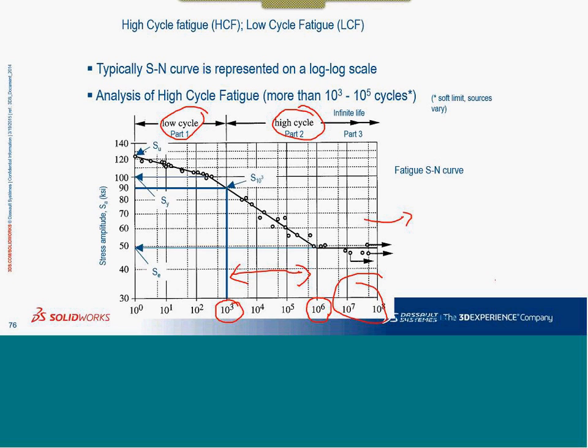So this is more low cycle fatigue, and unfortunately at this point we cannot simulate it in solid simulation. So be aware, our software is more towards high cycle fatigue, simulating between 1000 to 10 raised to 5 cycles. The approach that we are using is more suited for that range.